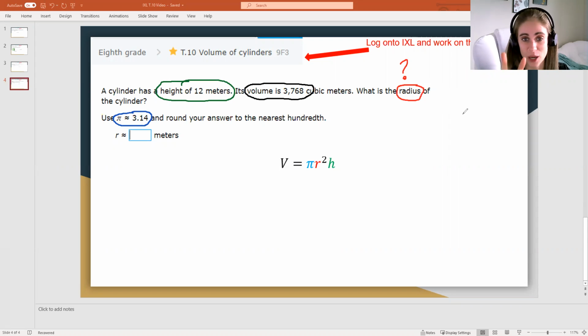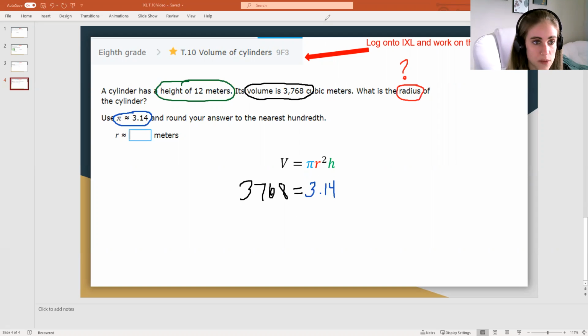All right, our second step continues to remain the same, which is to substitute. Our volume is 3,768. That is equal to pi, which we're using 3.14, times our radius squared, but that stays a variable because I don't know my radius, times the height, which is 12.